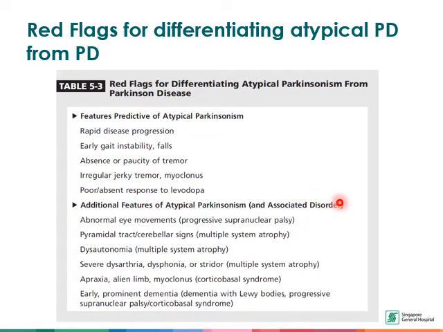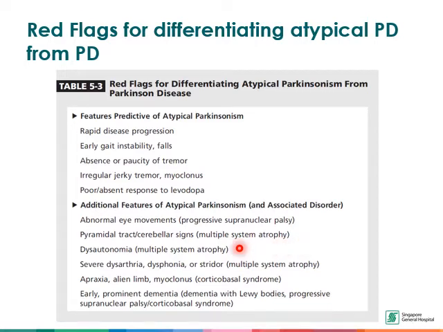People with atypical PD may also show additional features. For example, abnormal eye movements. In people with progressive supranuclear palsy, they may lose their vertical eye movements, or they may show cerebellar signs, for example, in people with multiple system atrophy.